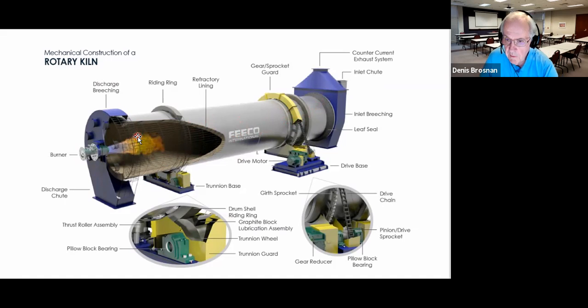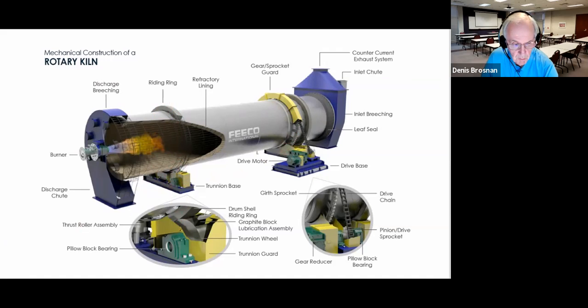So given that, the kiln is driven, in this case, with a chain drive. Most of the larger rotary kilns have a sprocket out here with a drive gear down at this position. Of course, the supports are called trunnions, and they're just rollers that roll on a tire going around the kiln to cause the rotation.